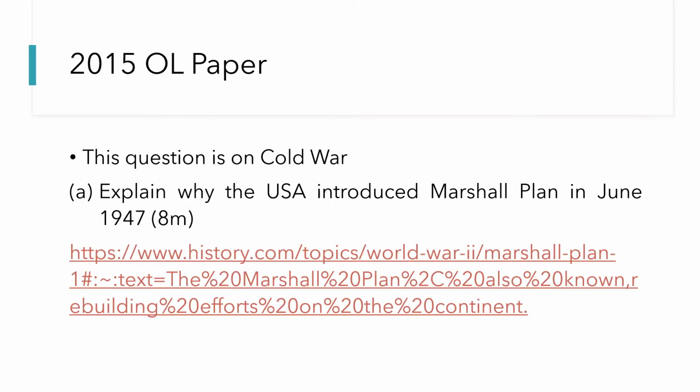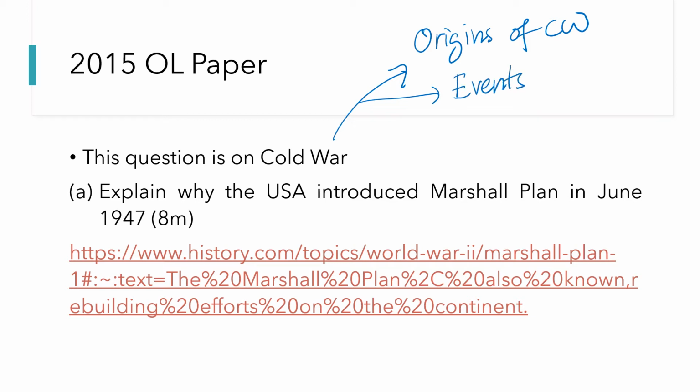Okay. Now, this is the 2015 O-Level paper. There's a very interesting video that I've put in the link there, and it is from History.com. And one of the things about Cold War is they can actually ask you questions on the origins or the beginning of Cold War, and they can ask you about events or what I call manifestations of Cold War.